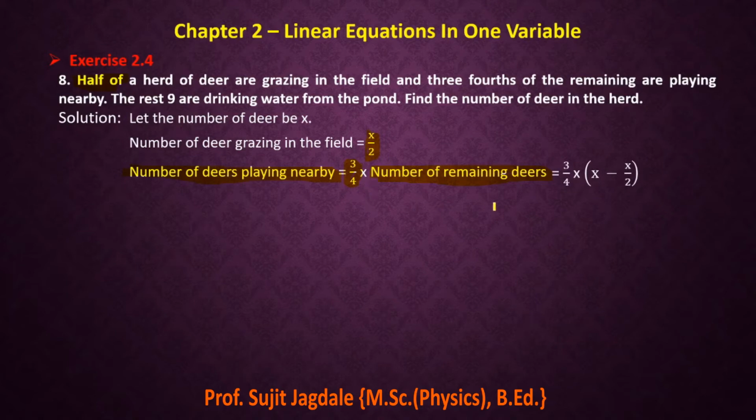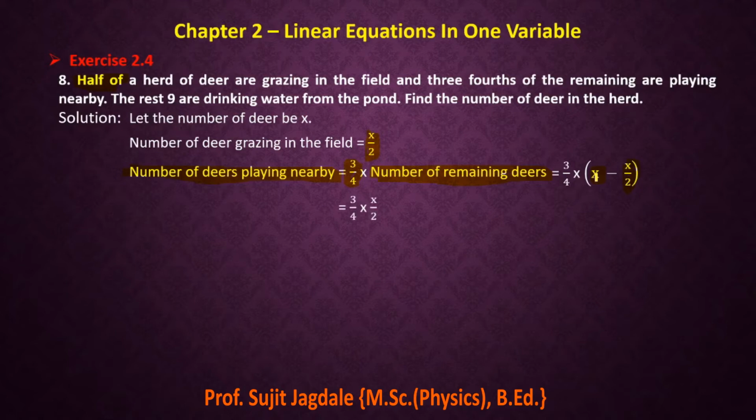So how are we going to calculate the remaining number of deer? The total number is x, out of which x by 2 is the number of deer grazing in the field. That number should be subtracted from the total number of deer, which is x, and 3 upon 4 should be multiplied.